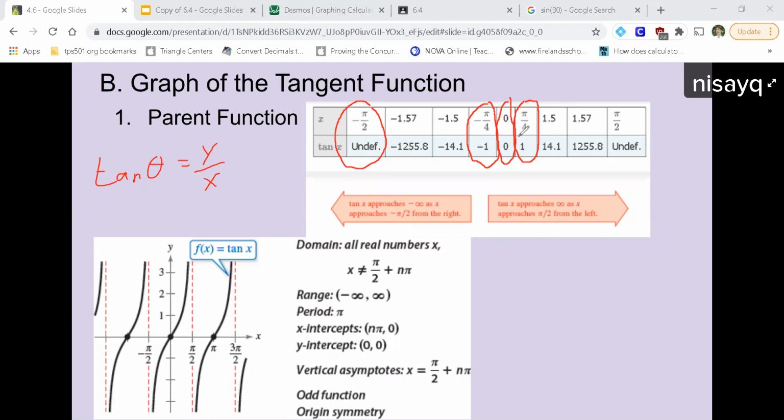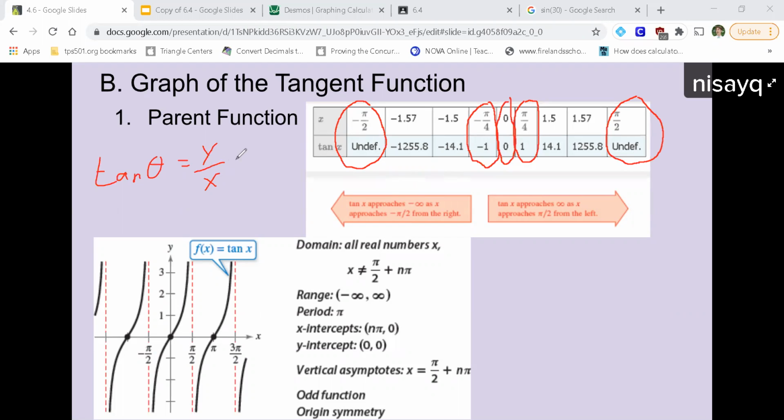And at positive pi over 4, y and x are the same value on a unit circle, so you get +1. So our pattern is going to be asymptote, -1, 0, 1, asymptote.